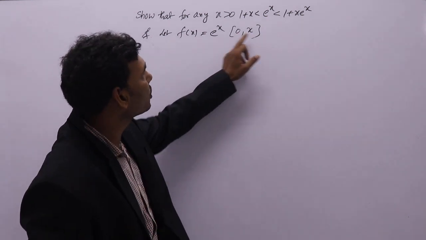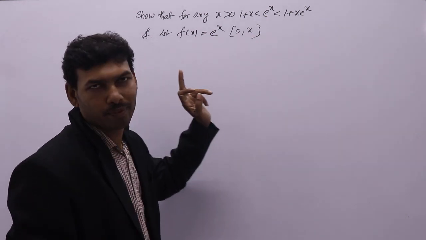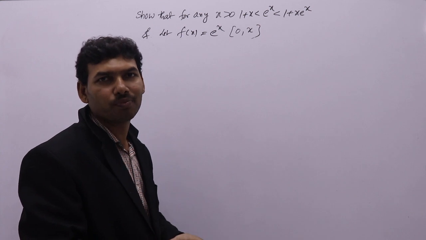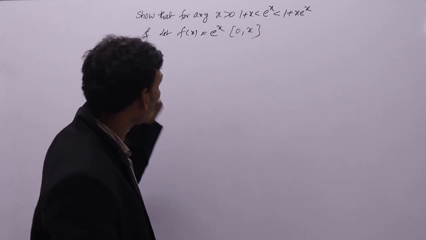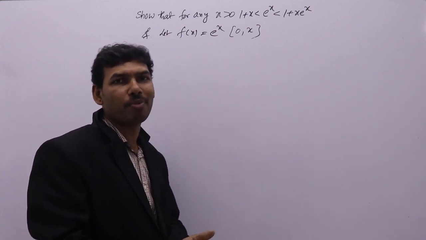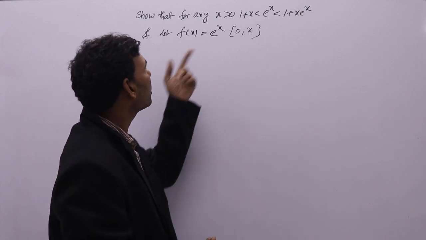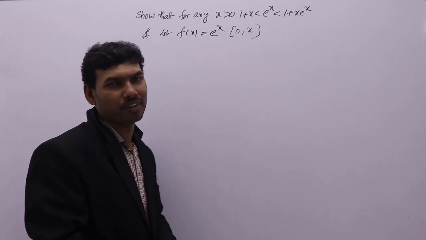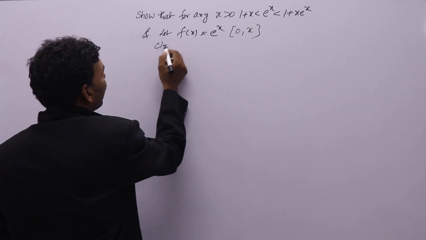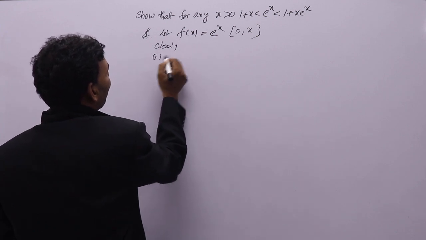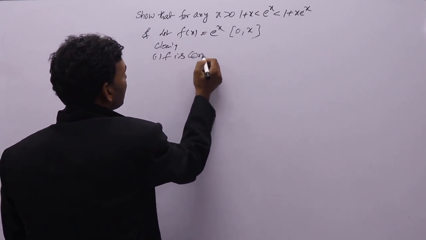Here, especially in 0, x, you will get e power x a finite value. F of x exists. F dash of x is also e power x. Differentiation of e power x is e power x. So it exists in this interval.